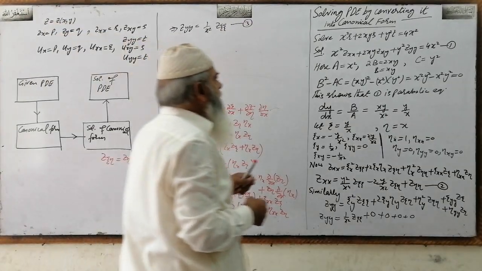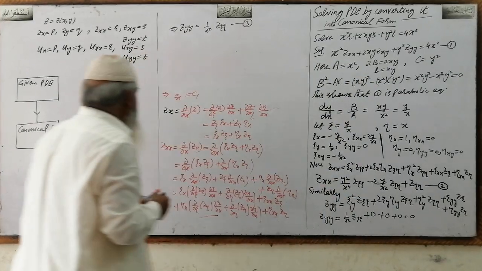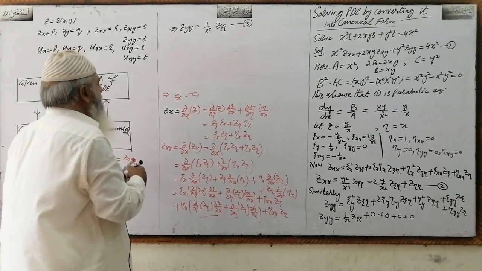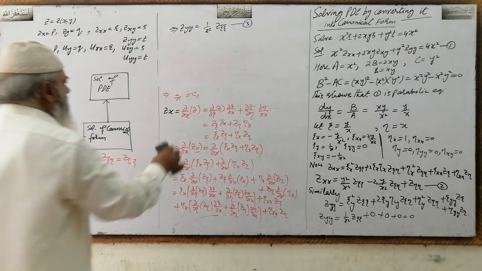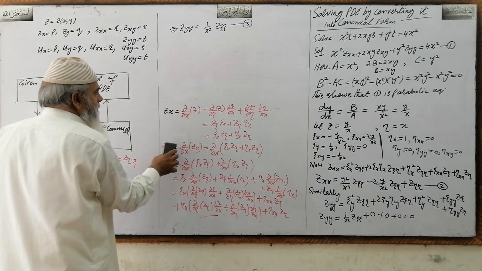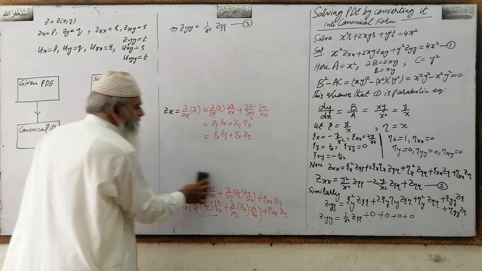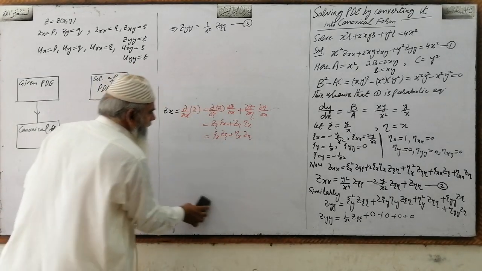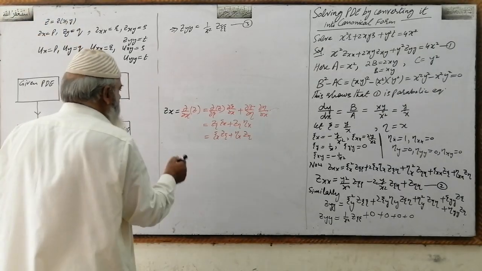Now what we need here, we need zxy. Now how can we get zxy? Once again I repeat the steps here just to get the zxy. We have zx here, and in order to get zxy, we have to take its derivative with respect to y.